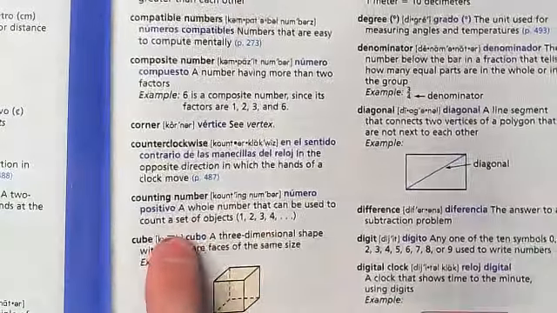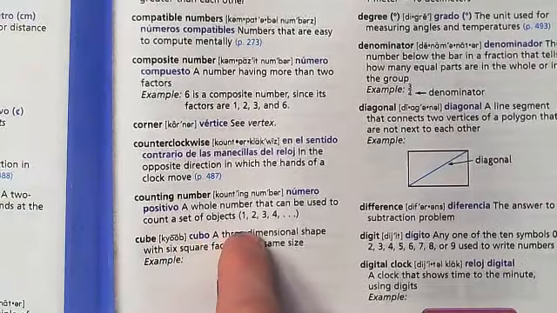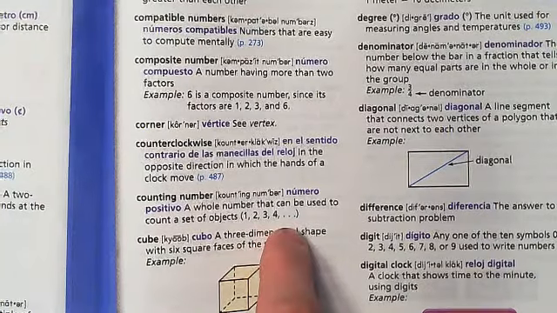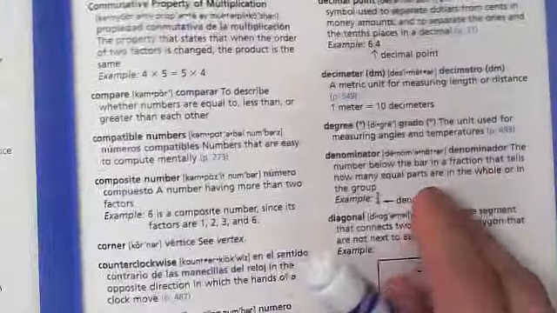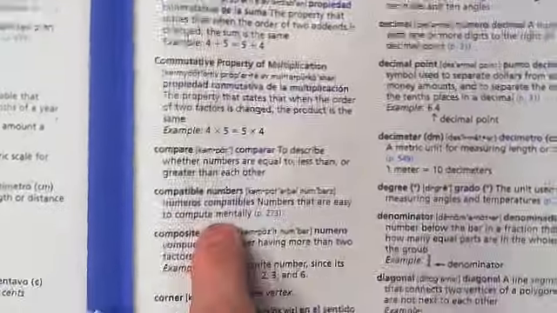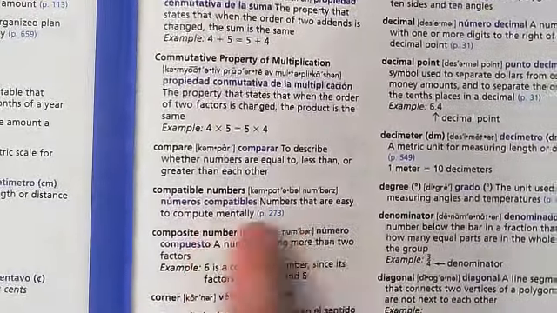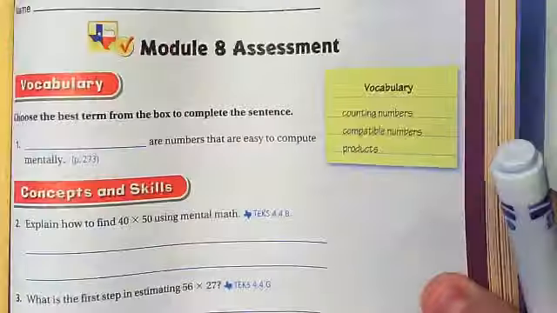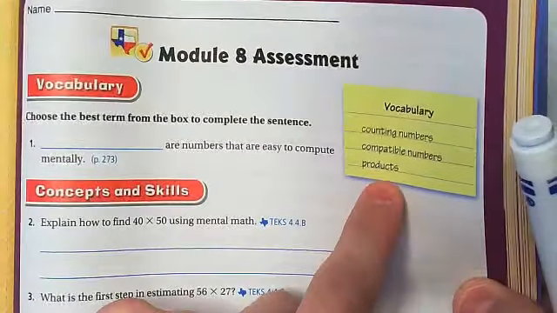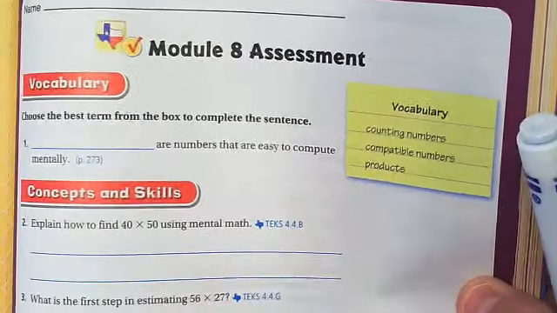Counting number: a whole number that can be used to count a set of objects, starting with 1, 1, 2, 3, 4, and so on. The next one is compatible numbers. Here's compatible numbers: numbers that are easy to compute mentally. And then the last one is products. Product is an answer to a multiplication problem.